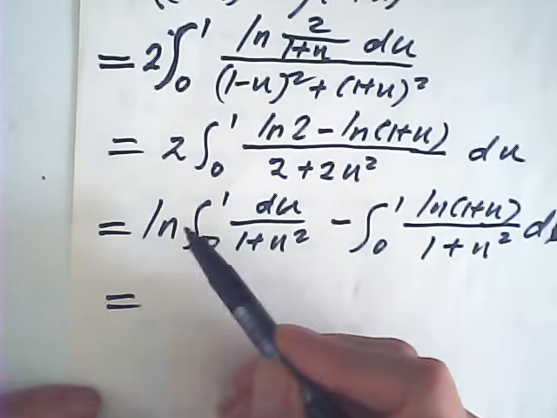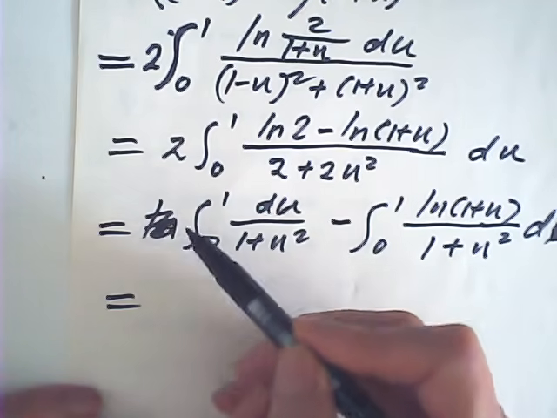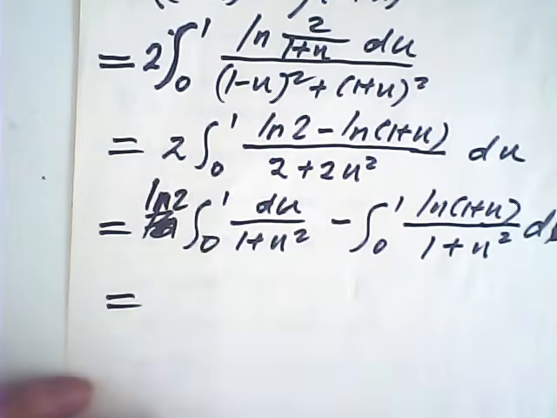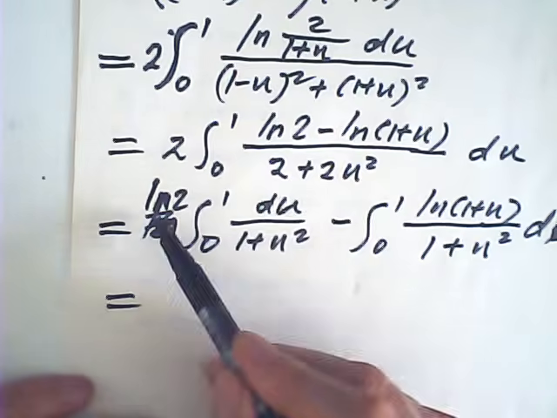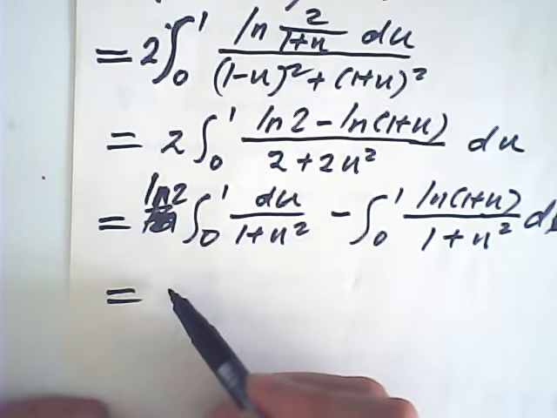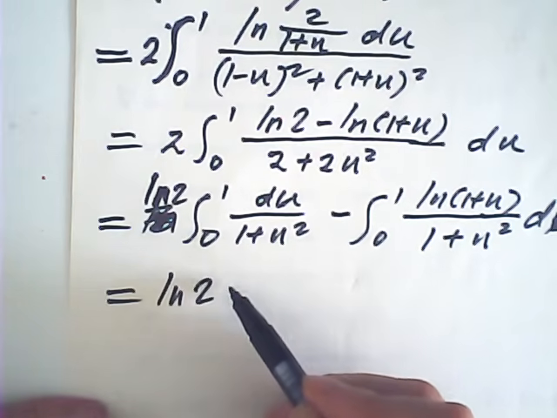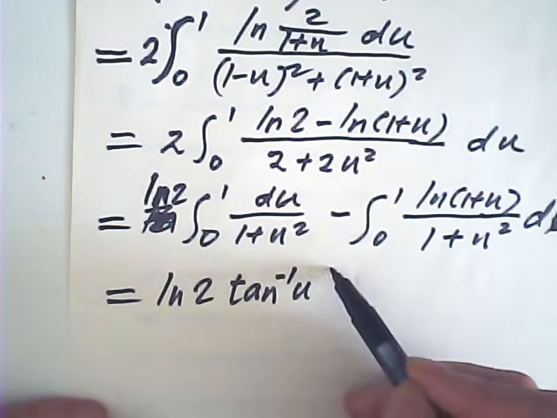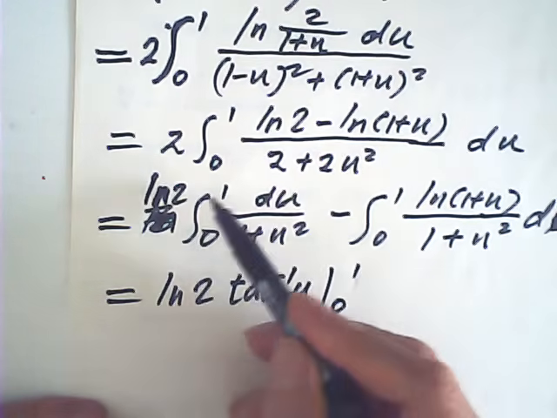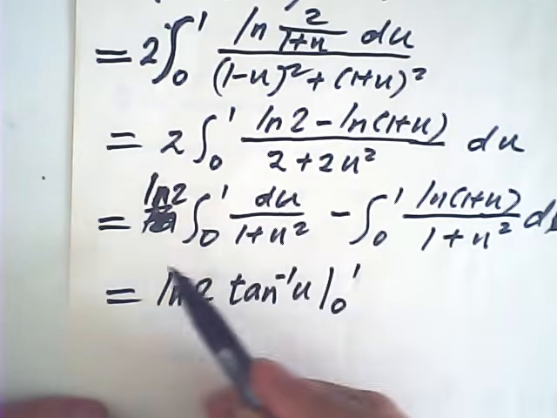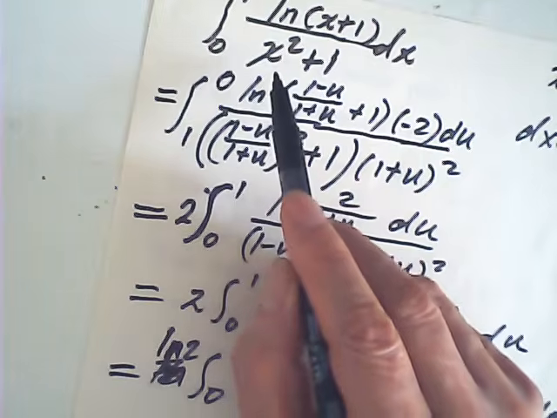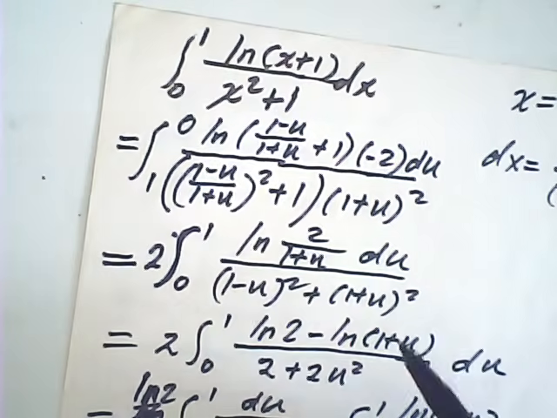The first one is log 2, right? Log 2, I'm sorry. This is log 2, the coefficient. So log 2 times the arctangent u from 0 to 1. That is this integral. And this one is my target integral. The same thing, just dummy variables.